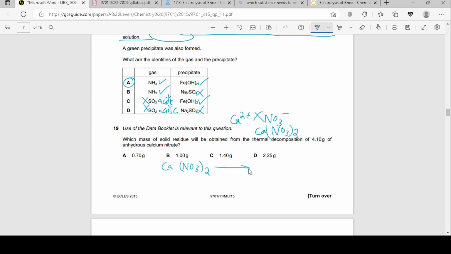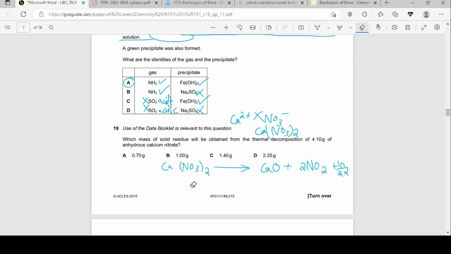When it decomposes, it will give you CaO and NO2 and O2. Now if you balance it, you already have one calcium atom, then you have two nitrogen, so make this a 2, and then 2 twos are 4, plus 1 is 5, 6, 7, 7 oxygen on this side, and on this side you have 6 oxygen. So you can make this 1/2, then you have 1 plus 4, 5 and 6 oxygen on this side as well, so now it's balanced.